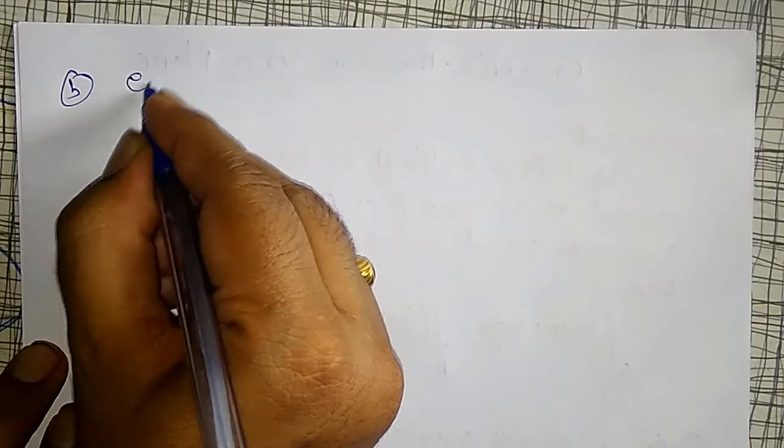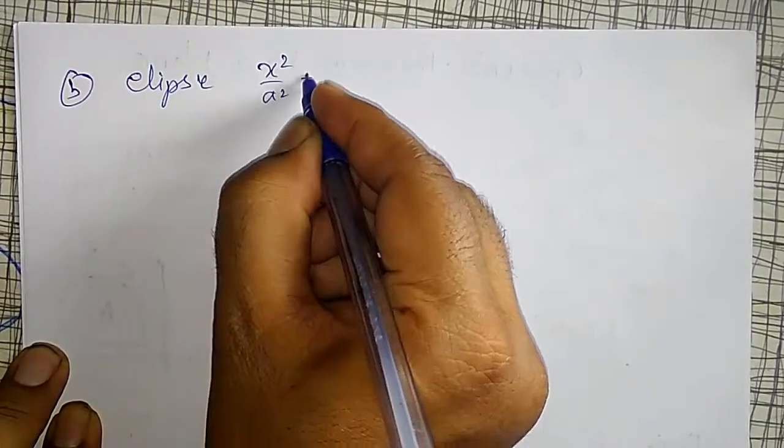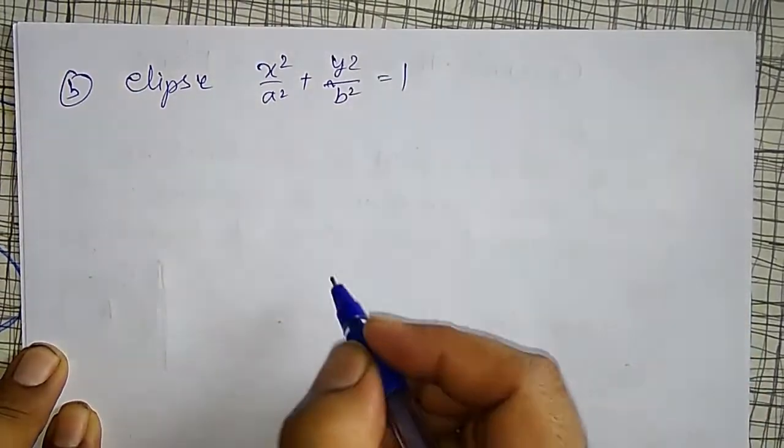Here, second part, the ellipse x square by a square plus y square by b square is equal to 1.